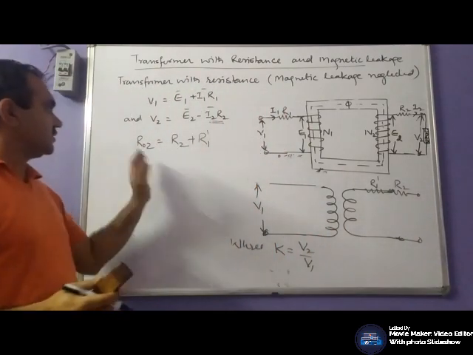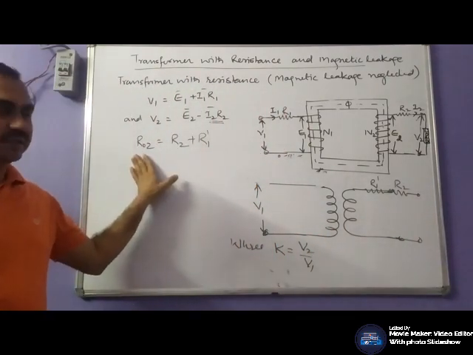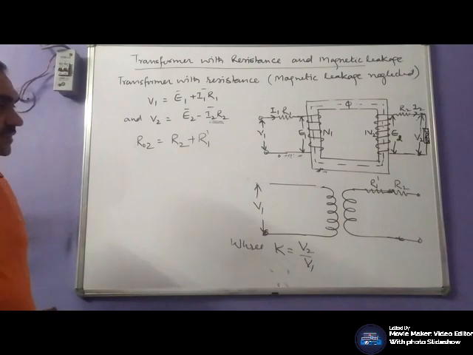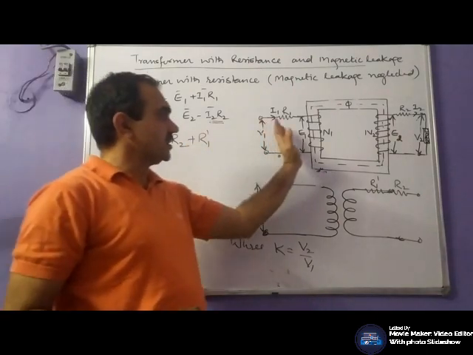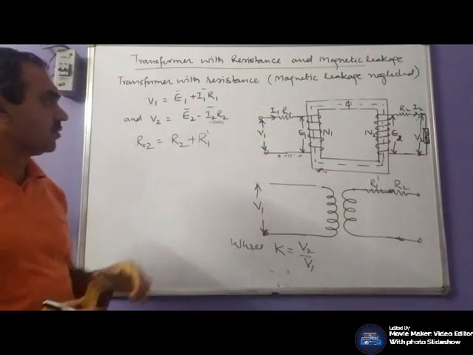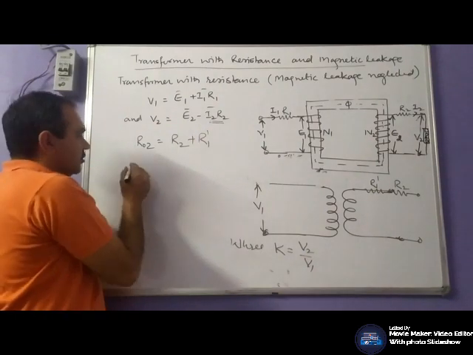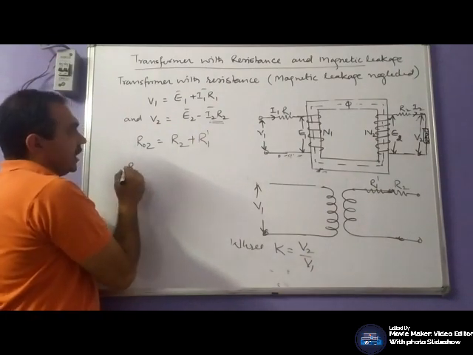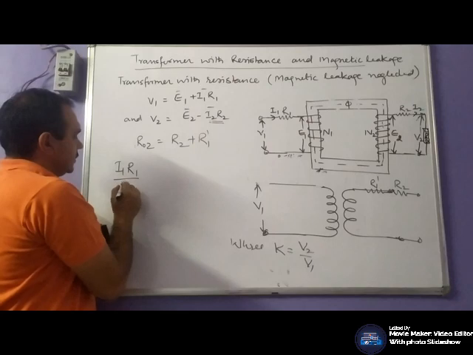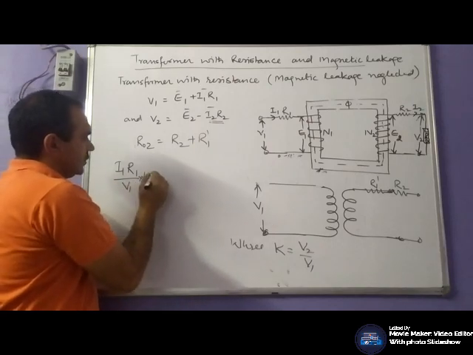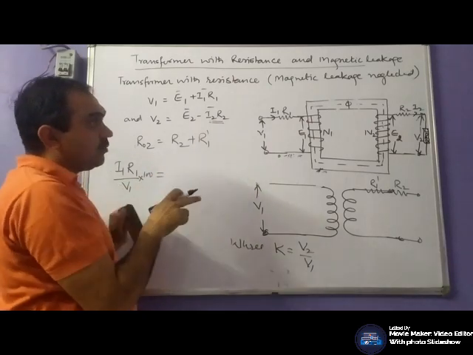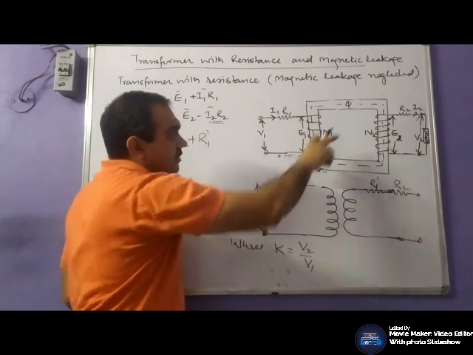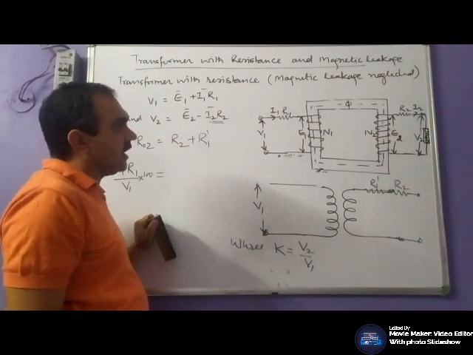So its equivalent resistance on the secondary side would be this, and this will be transferred in such a way that percentage of voltage drop should remain same. What is the voltage drop due to this resistance R1 on the primary side? I1 R1. And what will be the drop when this resistance is transferred on the secondary side?